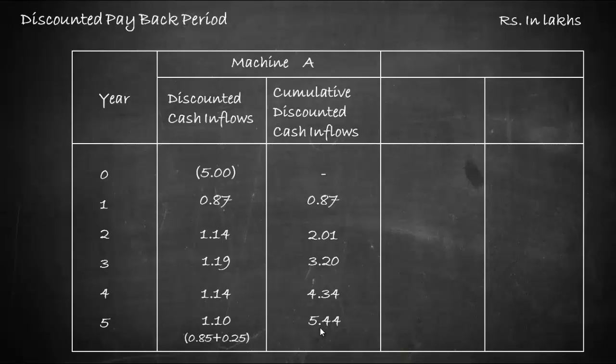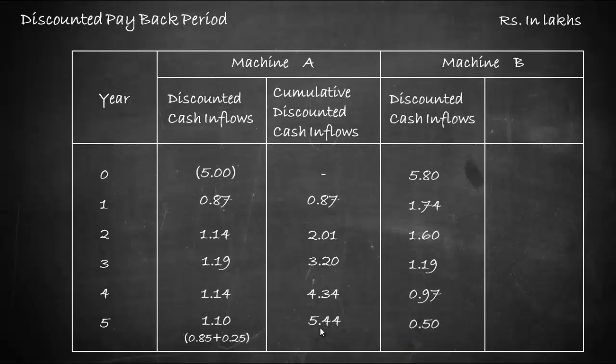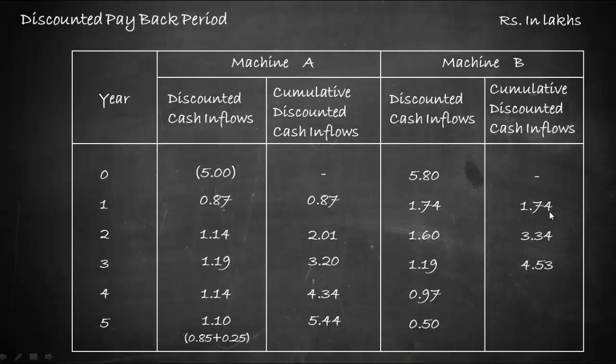Before that, let's complete the calculation for mission B also. Mission B had certain discounted cash flows, and in the same way we can find cumulative cash flows for mission B. In the first year it will be 1.74, and second year it would be 1.74 plus 1.6, which is 3.34, then 3.34 plus 1.19, which is 4.53. In the fourth year it is 5.5. In the fifth year it is 6.